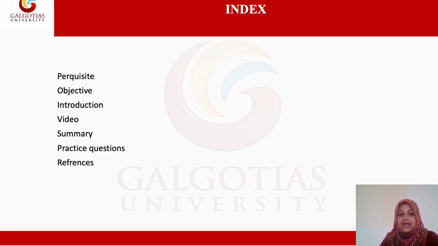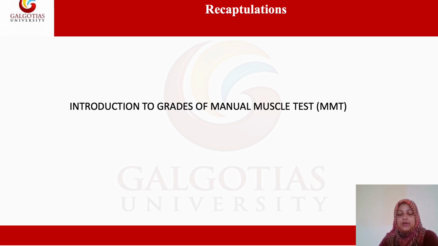So we will begin this topic, grading of manual muscle testing. How do we grade when we analyze or evaluate the muscles? If we check the power of the muscle, whether it is weaker or stronger, we have to grade that muscle from 0 to 5, or different scales are used for the grading of the muscle.